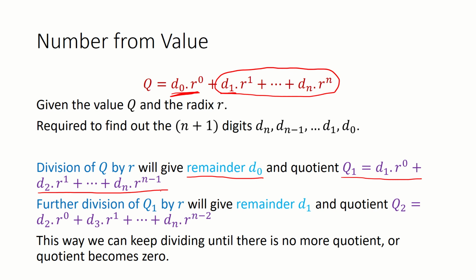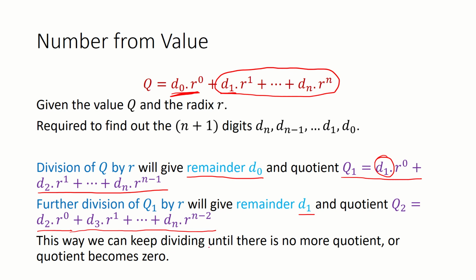If you further divide this quotient q1 by r, the remainder will be d1, and the quotient will then be d2 r^0 up to dn r^(n-2), since an r has been extracted.